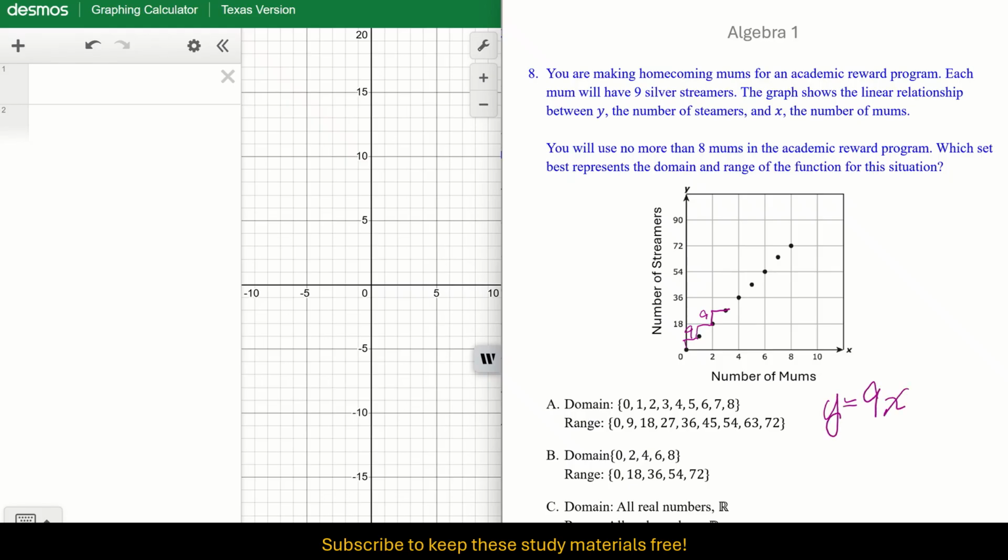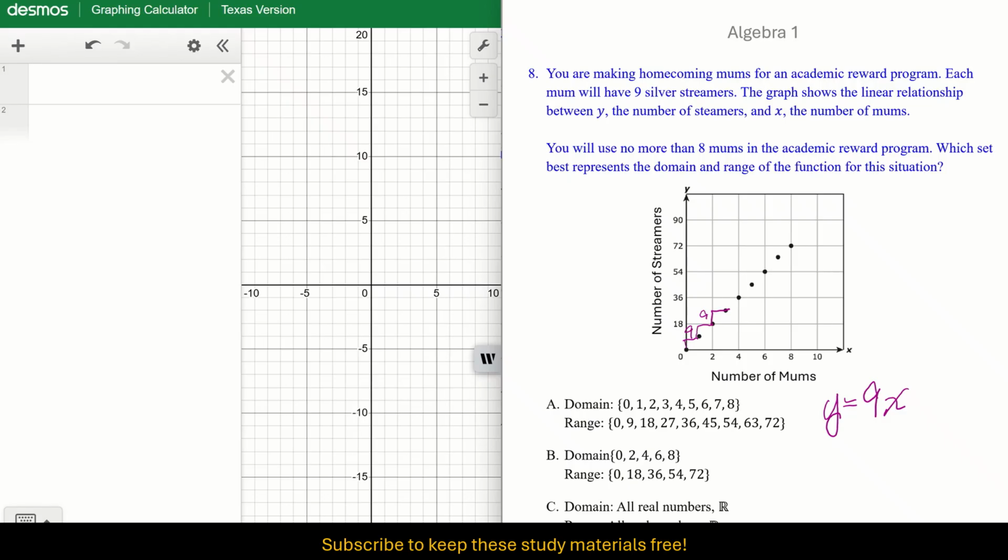So putting that in my Desmos graphing, you notice we have the TEKS version. It doesn't matter which version you use. It's going to be the same. Now, we don't want to put in the whole table. That's why I created this equation, also to give you a way to see how to get the equation and quickly calculate the values of the range.